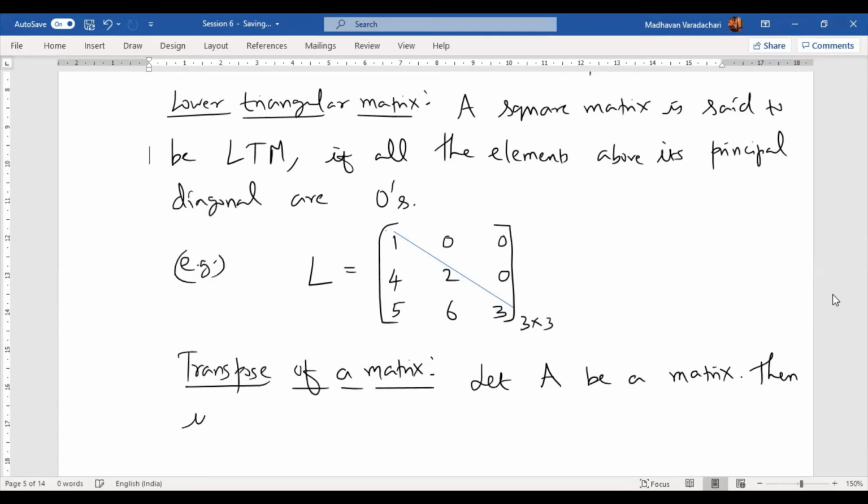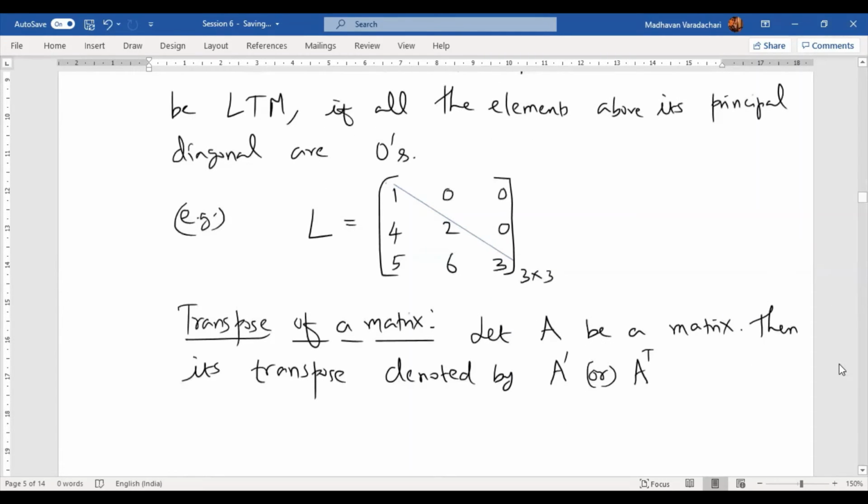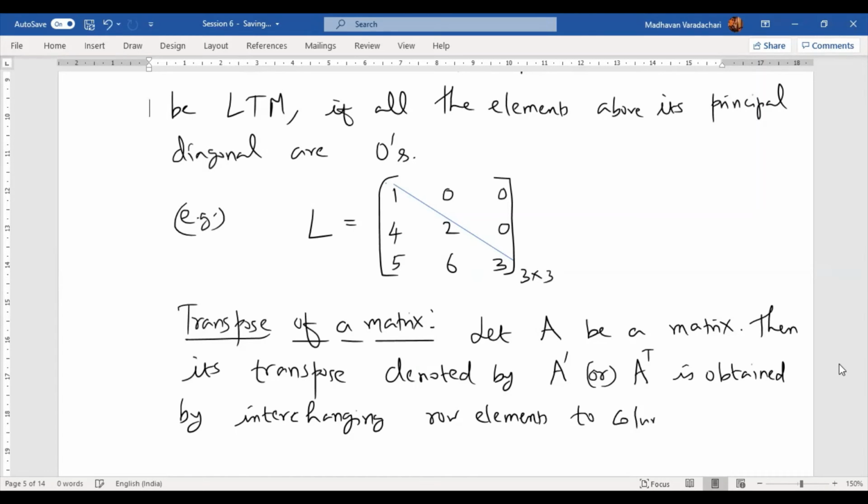Then its transpose, denoted by either A dash or A T, A transpose, is obtained by interchanging row elements to columns and vice versa. Means column elements will become row elements.